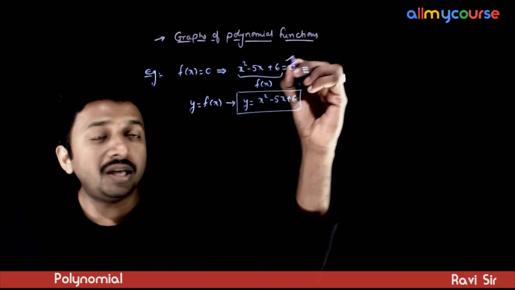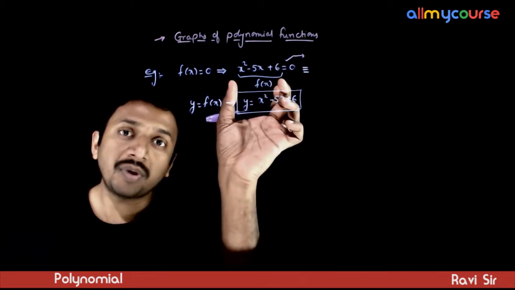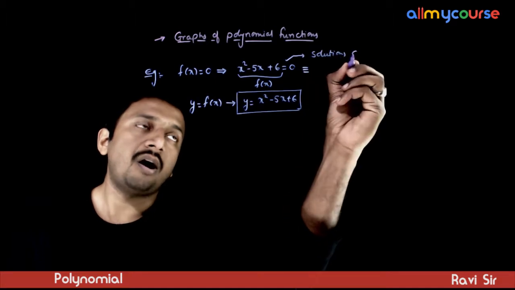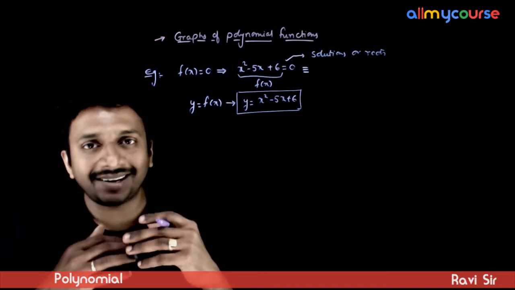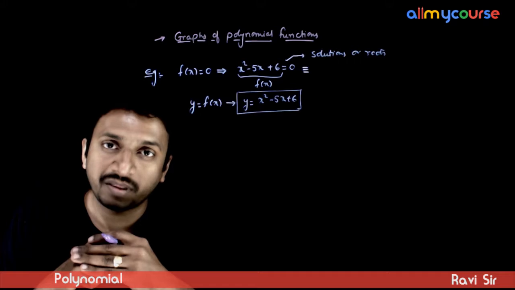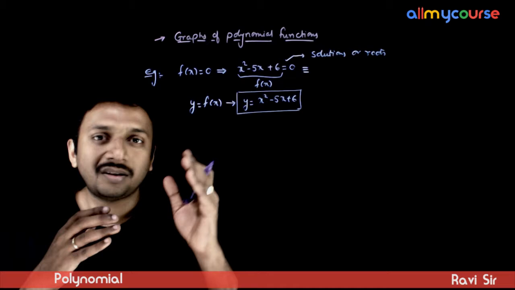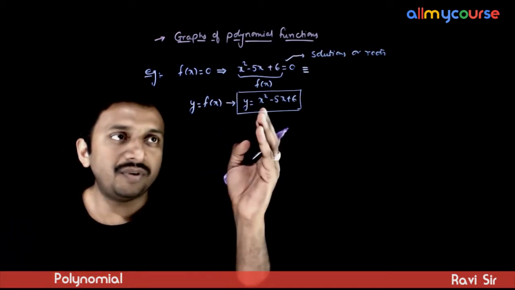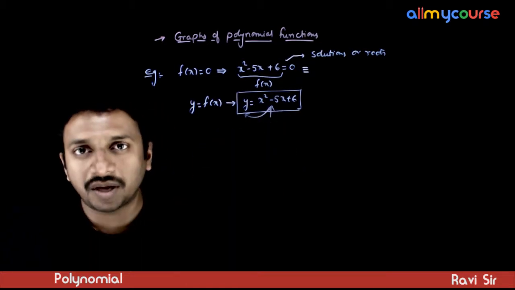A polynomial equation has solutions or roots. So we solve a polynomial equation and get the solutions or roots of the polynomial equation. But we don't solve a function. A function is some sort of a rule which connects x to y. We substitute different values of x and you get different values of y.